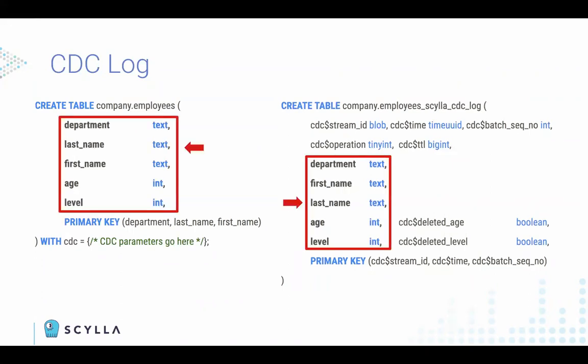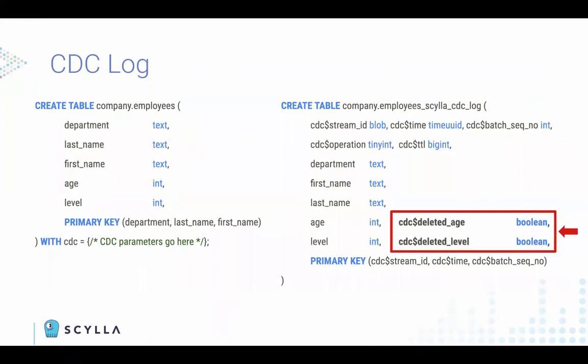First of all, it contains all the columns from the base table, from the observed table, with the same names, with the same types. Then the columns that are not part of the primary key have accompanying columns which allow us to mark whether this column was deleted or not.